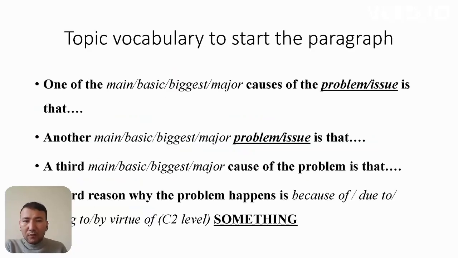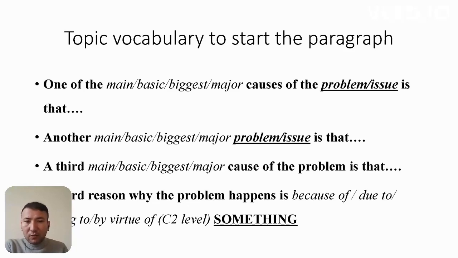Then here we have collected some topic vocabularies to start the paragraph. For example, for the first paragraph, you can write one of the main or basic or biggest or major causes of the problem or issue is that. The second paragraph can be started by another main or basic, biggest, major problem or issue is that.